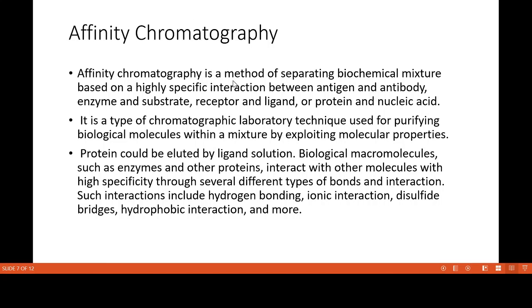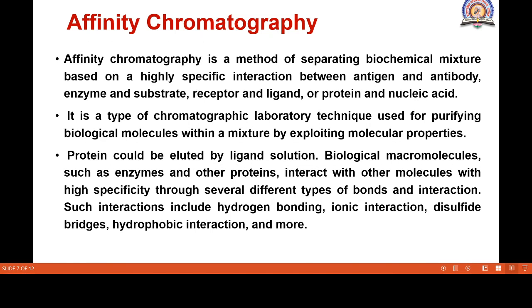The next is affinity chromatography. This affinity chromatography is the method of separating a biochemical mixture based on a highly specific interaction between antigen and antibody, enzyme and substrate, receptor and ligand, or proteins and nucleic acids.